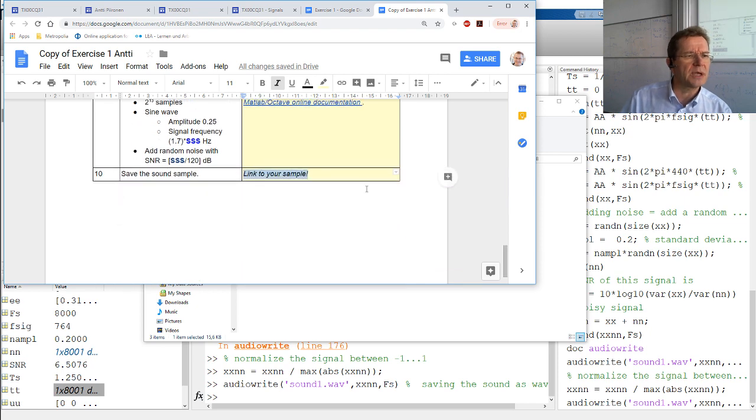So when you make a link to your sample, you should first upload this WAV file to your favorite audio repository and get a link for that one. One good audio repository would be just Google Drive.